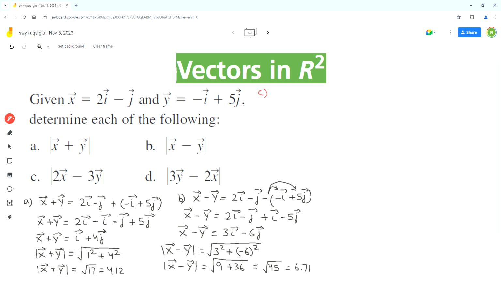So for part C, we first will calculate the vector 2 times vector x minus 3 times vector y.